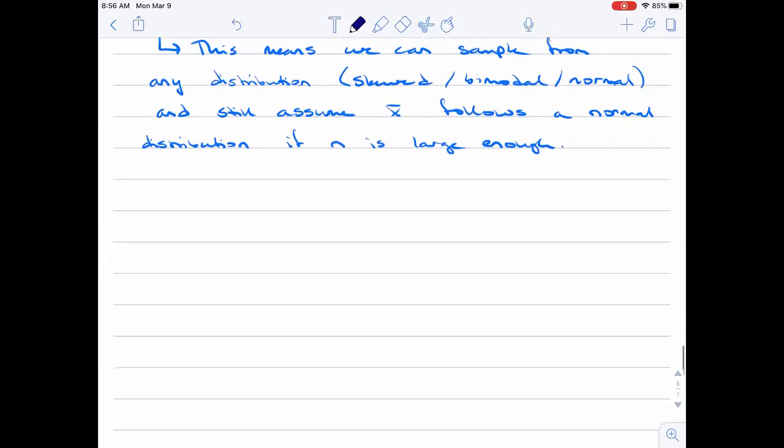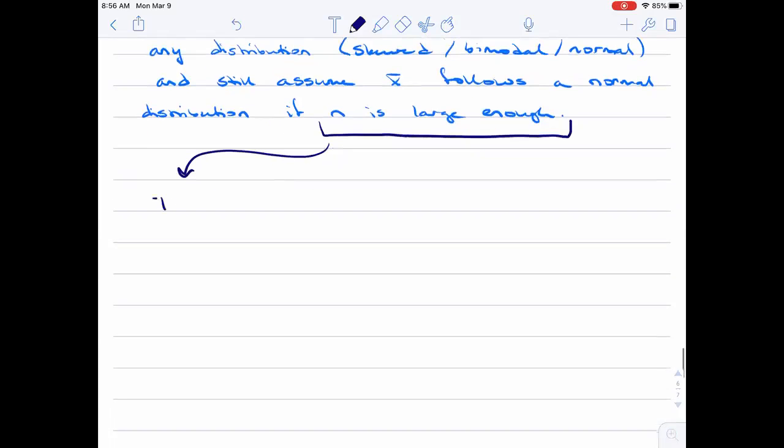And so if n is larger than 25 or 30, I've seen articles in journals where they've pushed for 15 being large enough.